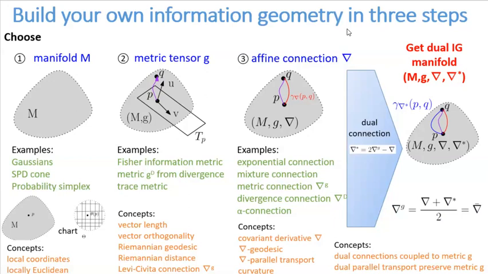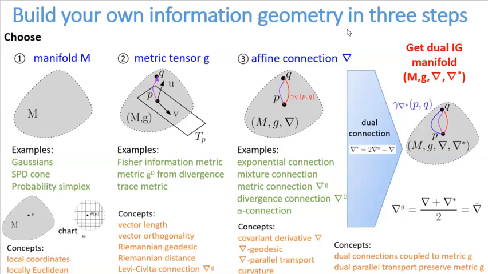But in information geometry, we also have the flexibility to choose another affine connection. What is an affine connection? From the viewpoint of differential geometry, it's also called a covariant derivative. It's one way to differentiate a tensor with another tensor, but basically what it does in practice is that it connects tangent planes that are at different locations of the manifold, and it also allows you to define a geodesic.